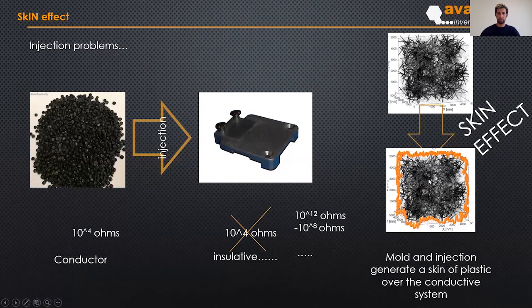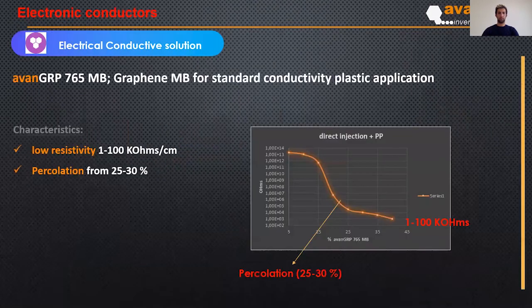Inside the network is perfect, but outside we have a skin that protects the material. And this is a very important point if we work with injected samples.